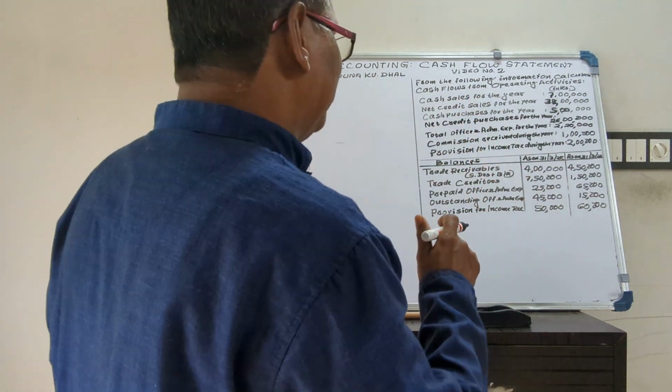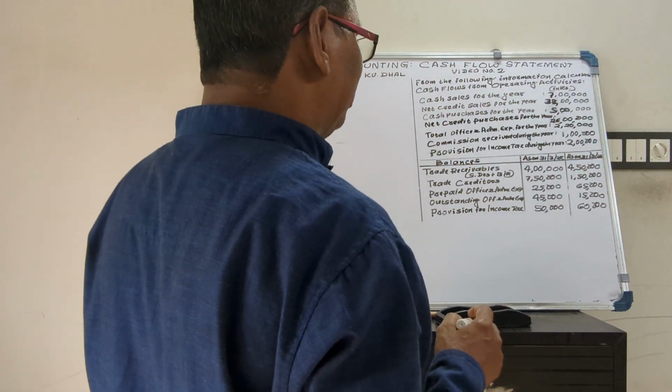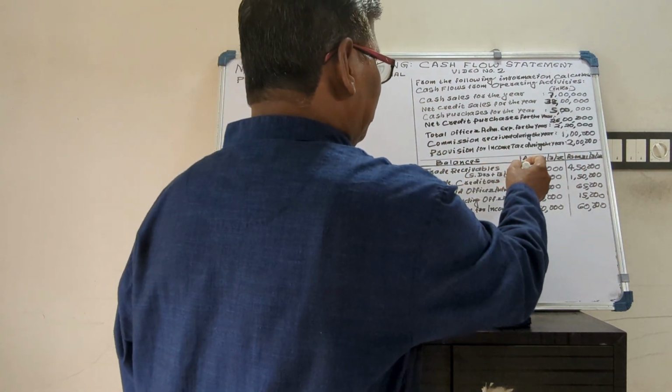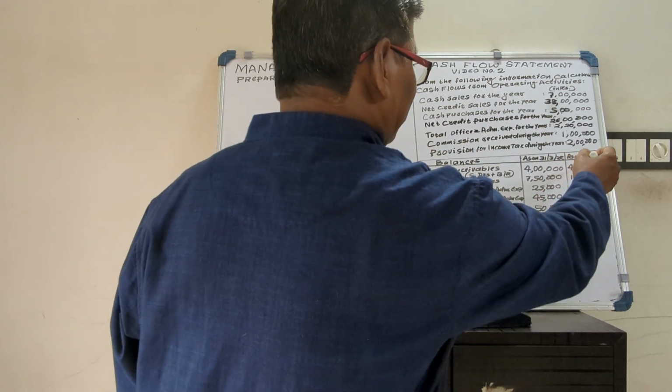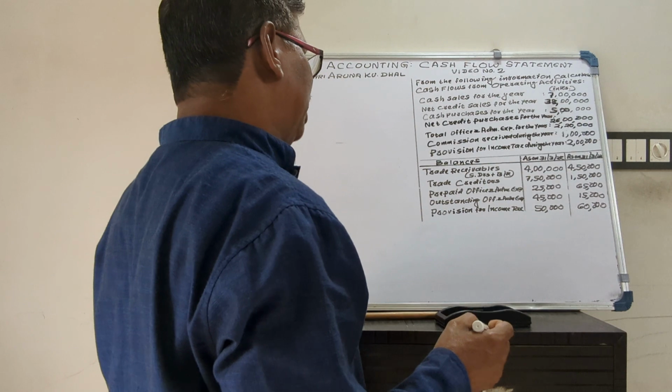In the opening balance, that is on 31st March 2022 means 1st April 2022 trade receivable was 4 lakh. At the end of the year, that is 31st March 2023, it is 4,50,000.